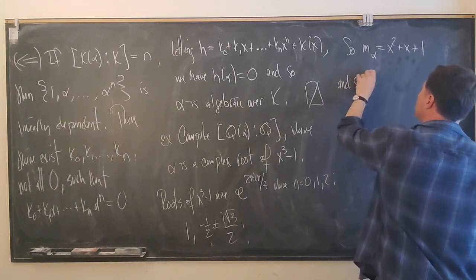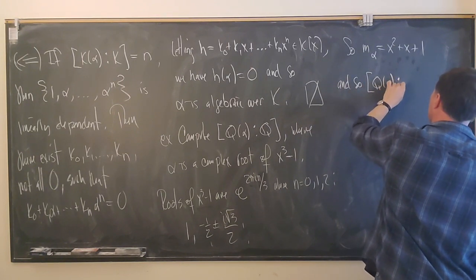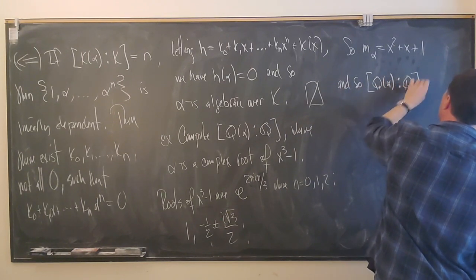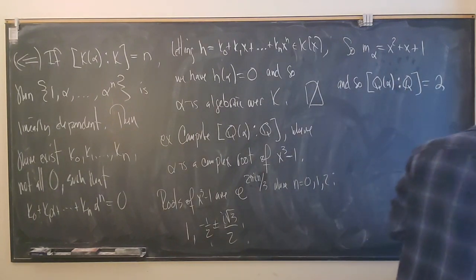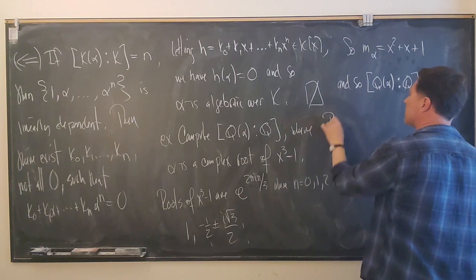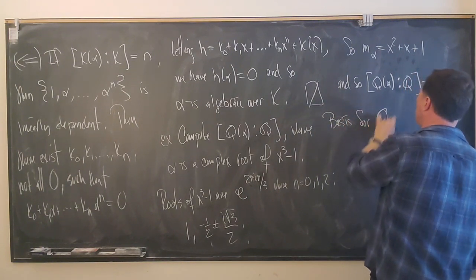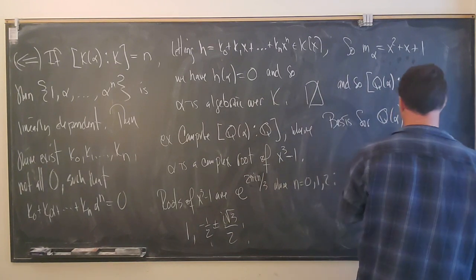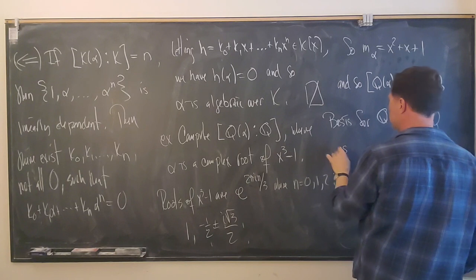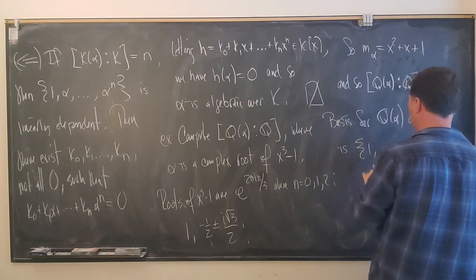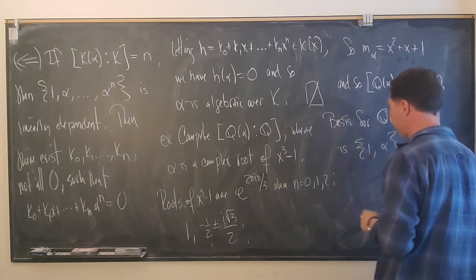And so the degree of the extension Q adjoin alpha over Q is equal to 2. And by the proof of our previous theorem, we actually know who a basis is. So a basis for Q adjoin alpha over Q is 1 together with alpha, like that.